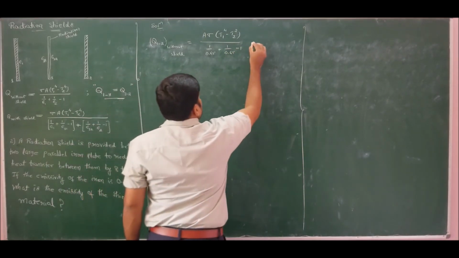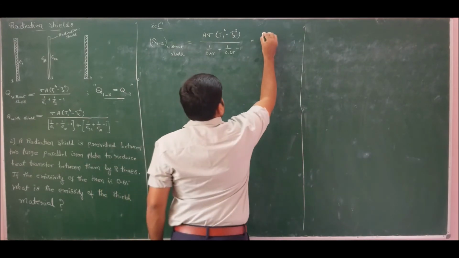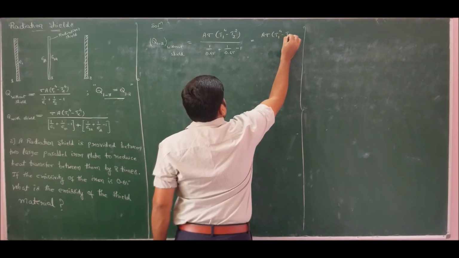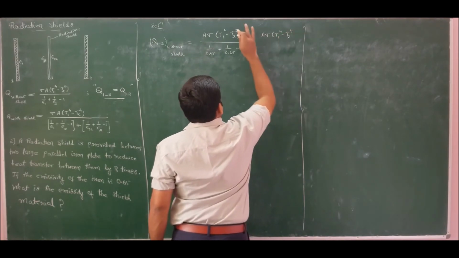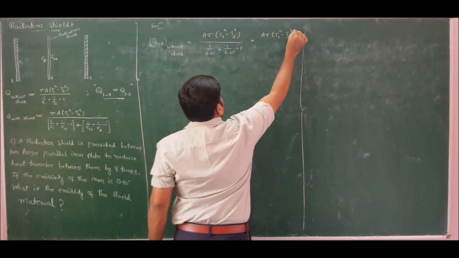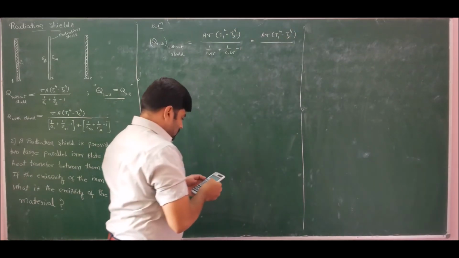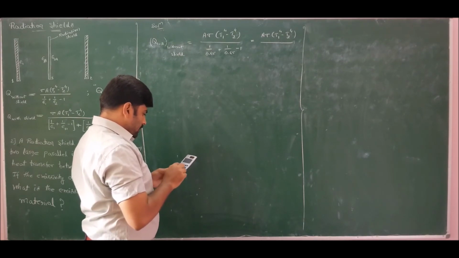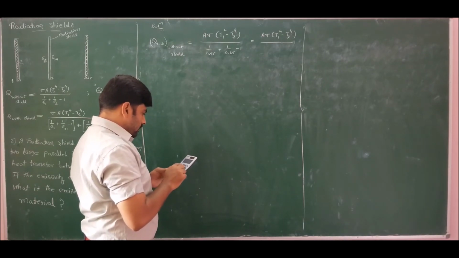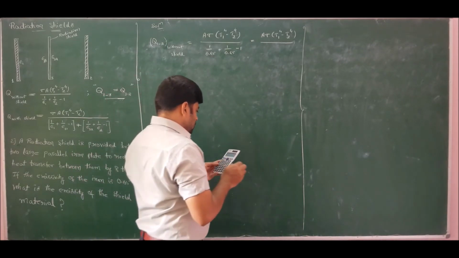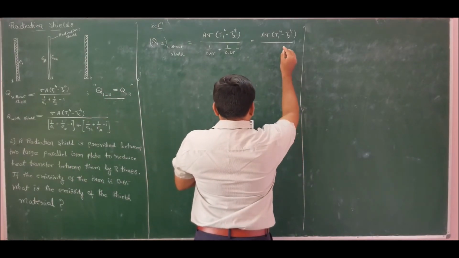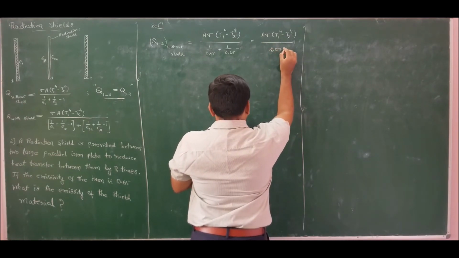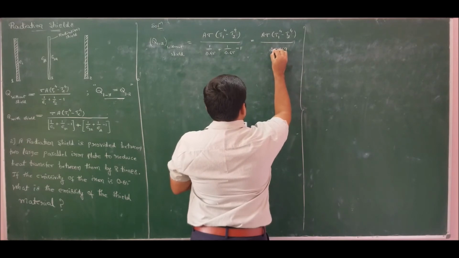So hence I will get the value as A sigma (T1^4 minus T2^4) divided by 1 by 0.65 plus 1 by 0.65 minus 1, which is nothing but 2.0769.